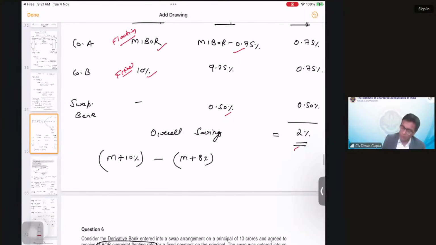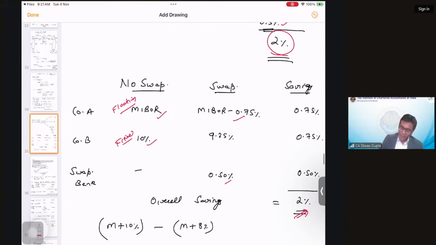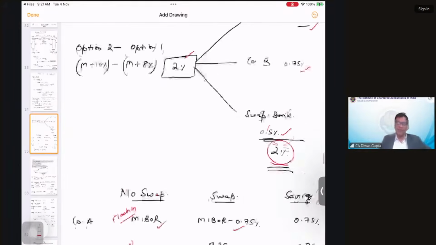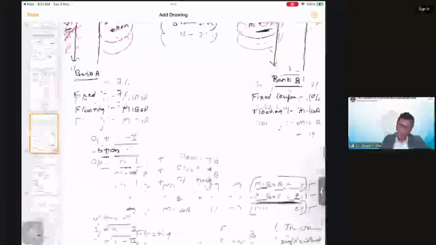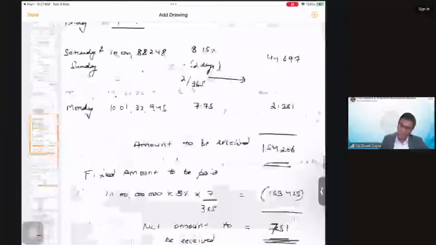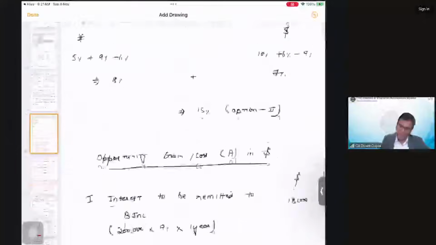So overall 2% savings is determined through this. So if you see, this is the concept of swap. In swap, the fixed obligations were getting swapped against the floating obligations.